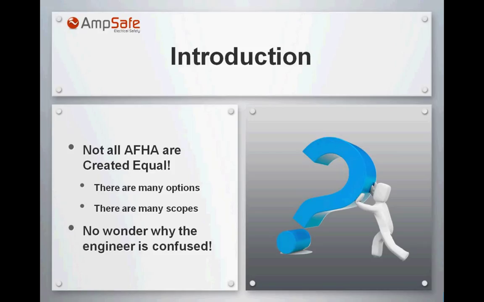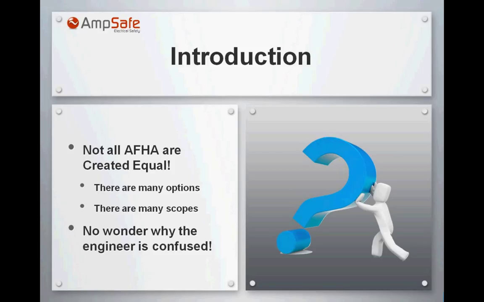Some of you were probably in the scope seminar on how to do the survey and the scope of an ArcFlash study. Now we're going to be concentrating more on the options. So if there are so many different scopes and options, definitely the results of the 10 different engineers are going to be very, very different.